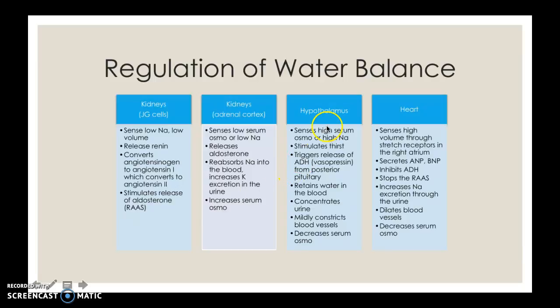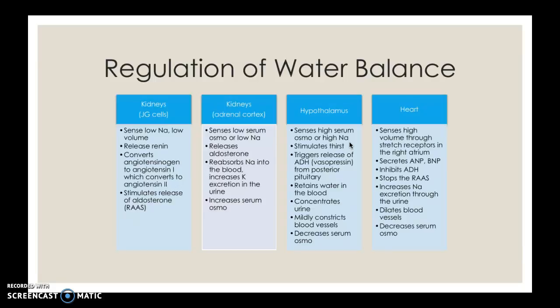Now the hypothalamus is where our thirst mechanism is stimulated. So that regulates our water. And it also stimulates the release of antidiuretic hormone from the pituitary gland.